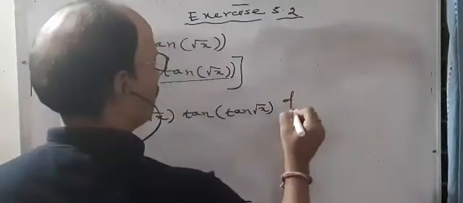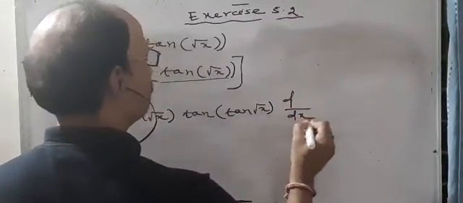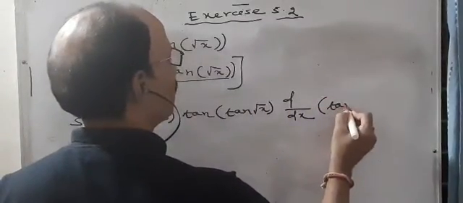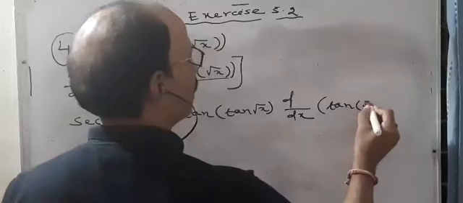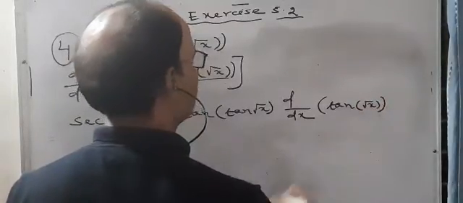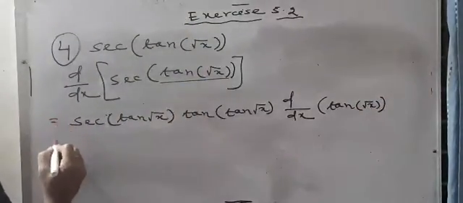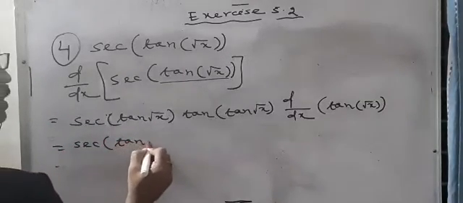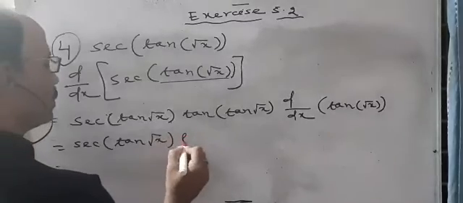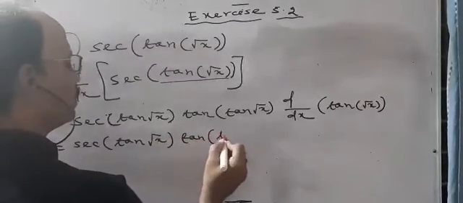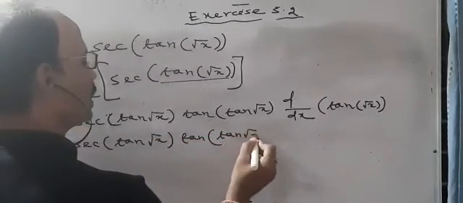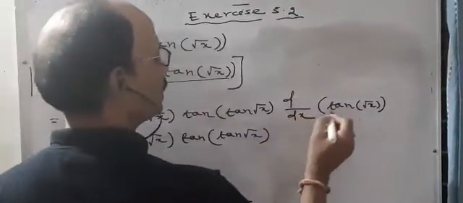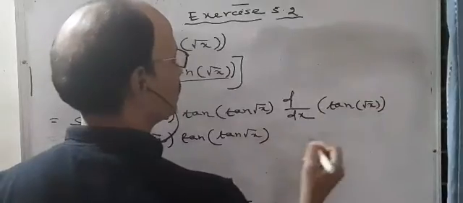Now d/dx of whatever is in the bracket, that is tan √x. So it will be sec(tan √x) tan(tan √x), then d/dx of tan √x.